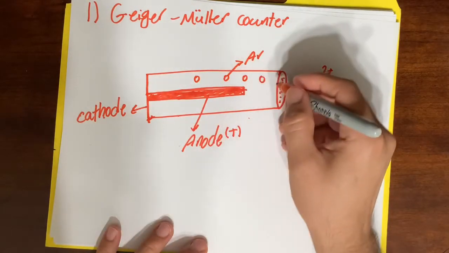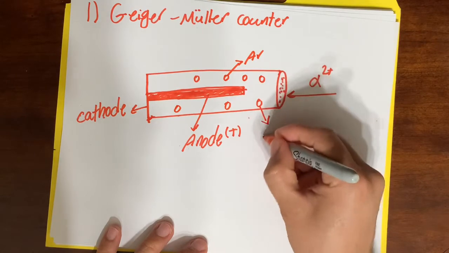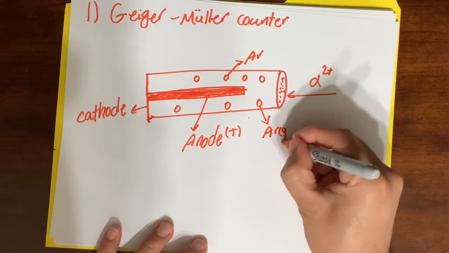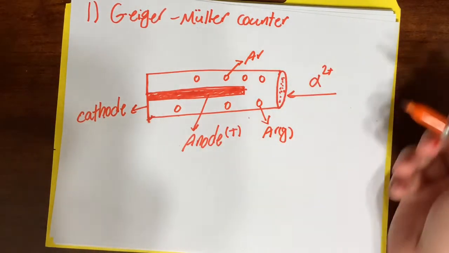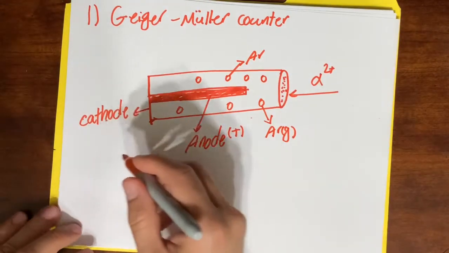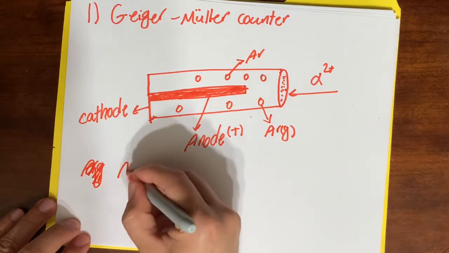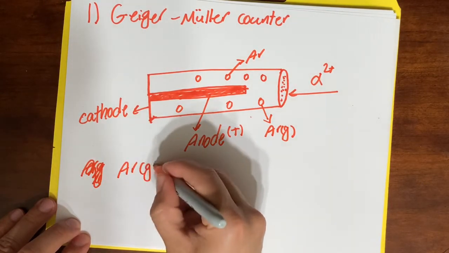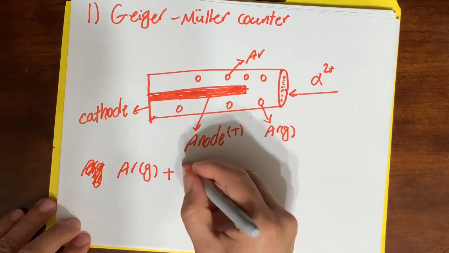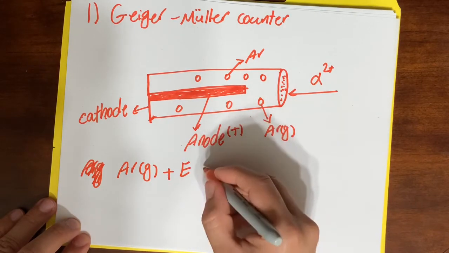Okay, so those are argon atoms. And in the gas phase, when they hit the argon, they will generate two particles. Argon plus high energy, which I'm going to show here, energy equal to h nu.